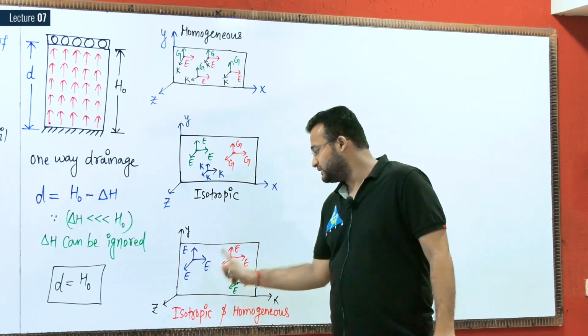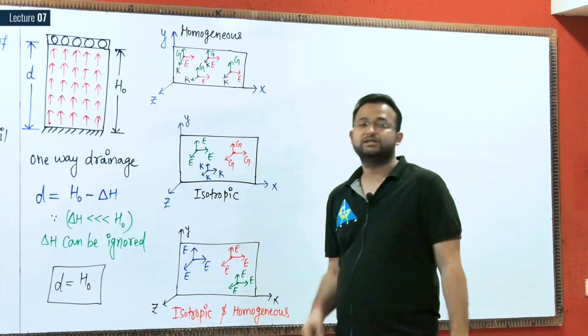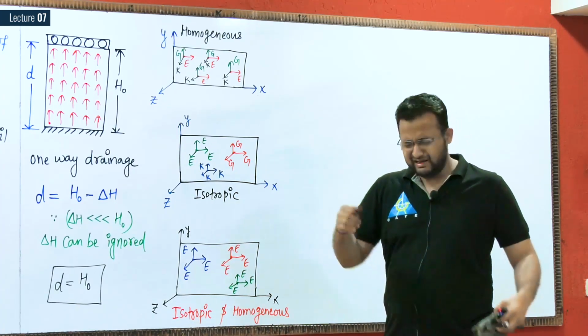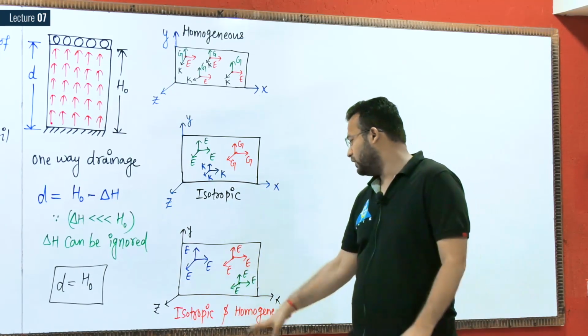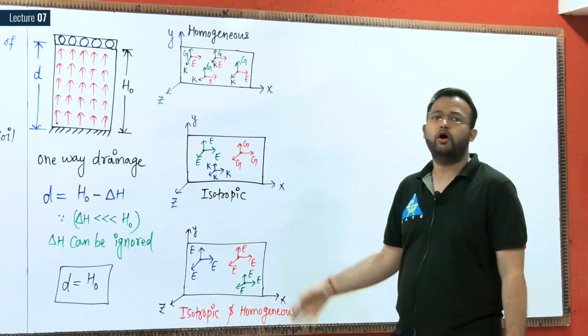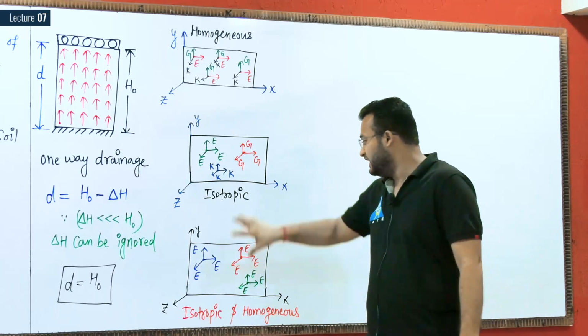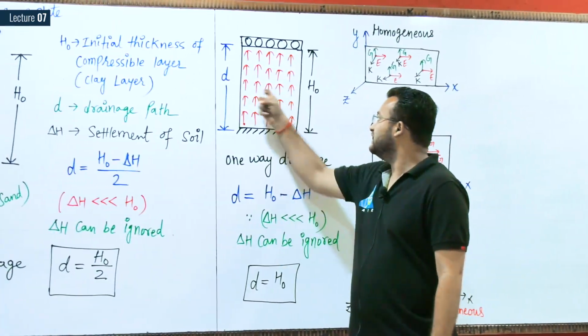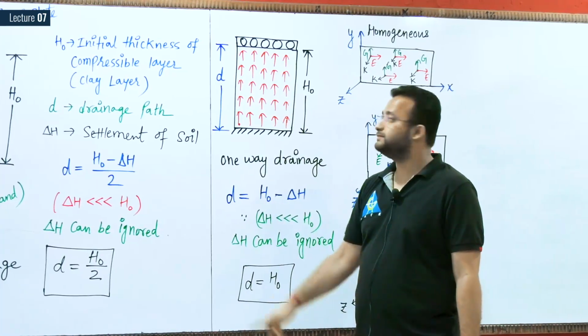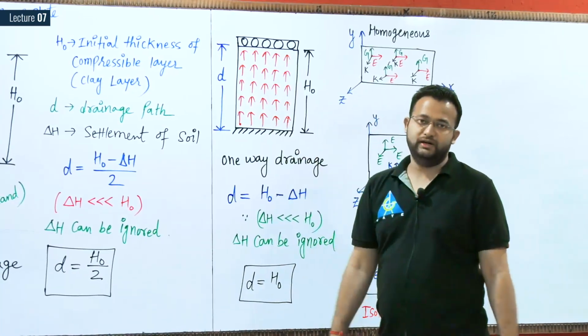Means this material is isotropic as well as homogeneous, means you select any point in any direction, everywhere you will get the same property. This is called isotropic and homogeneous material, or homogeneous and isotropic material. Such material should be analyzed here in the consolidation test.